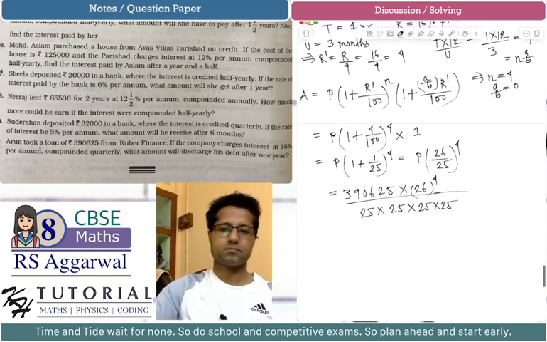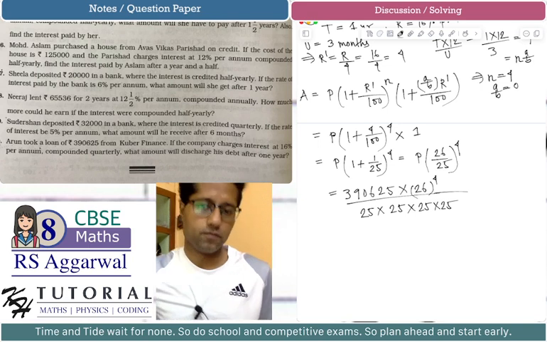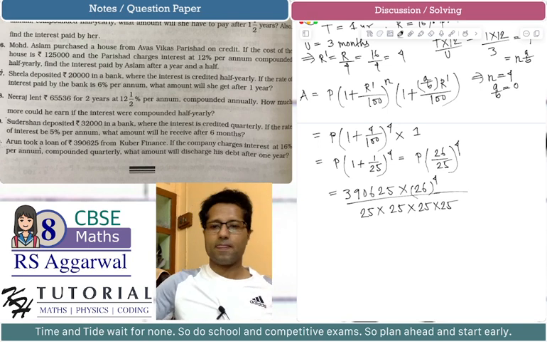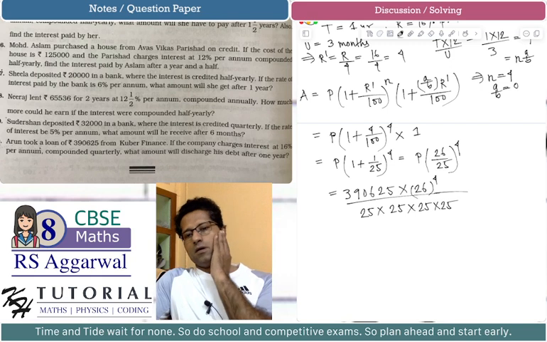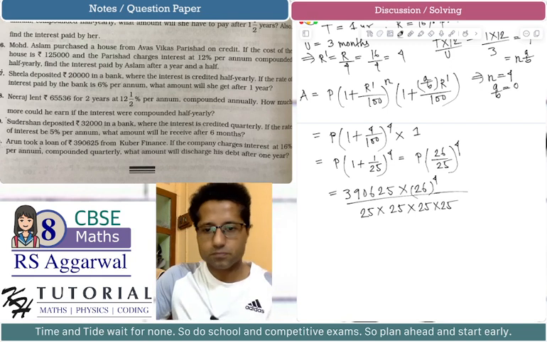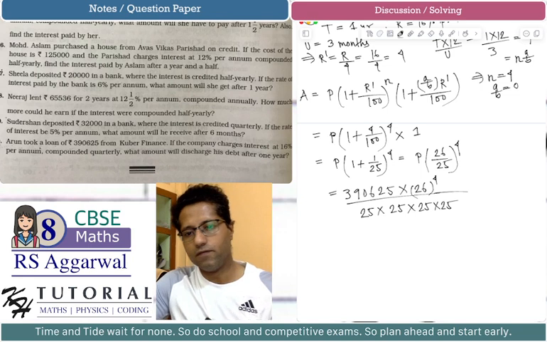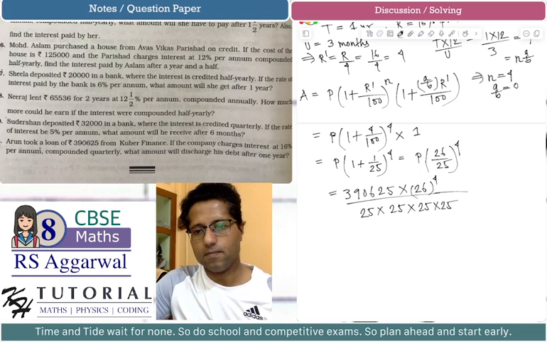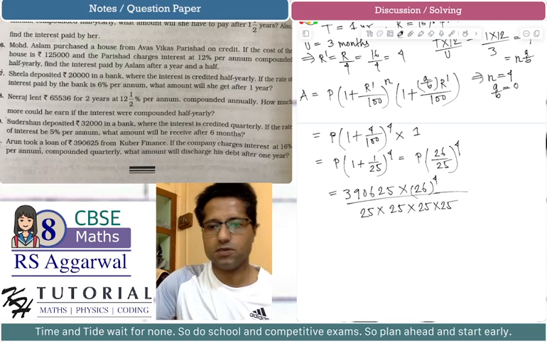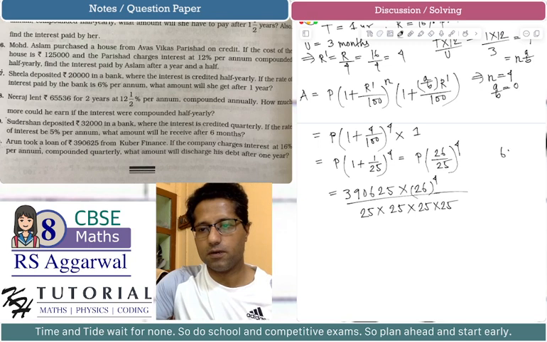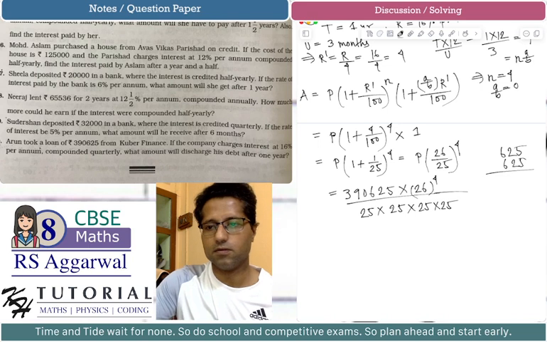Okay. Let me see. 25 multiplied by 25 is 625. So, how much is 625 multiplied by 625? I hope it is 390,625. Anyway, let's check it out.